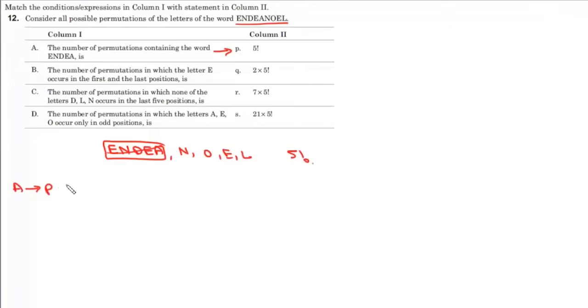Now the second one is the number of permutations in which letter E occurs in the first and last position. So this word starts with E and also ends with E. Now we are left with N, D, E, A, N, O, L. We have to arrange them in between the 2 E's, and it can be done in factorial 7 divided by factorial 2 ways.